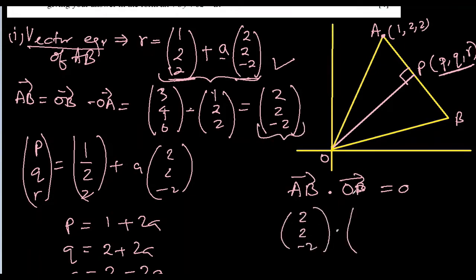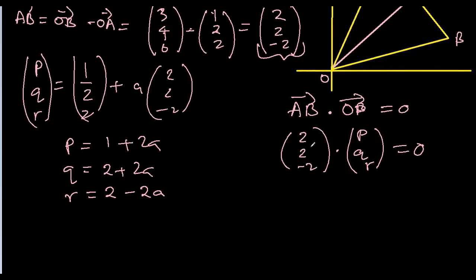OP is unknown to us, but we know that the coordinates of the point are equal to the position vector. So we can use PQR as vectors. So PQR will be equal to 0. And now we can multiply 2 with P, 2P plus 2Q minus 2R equal to 0.